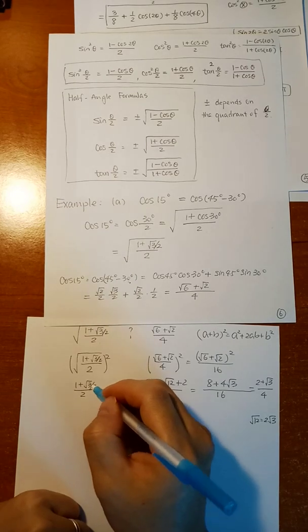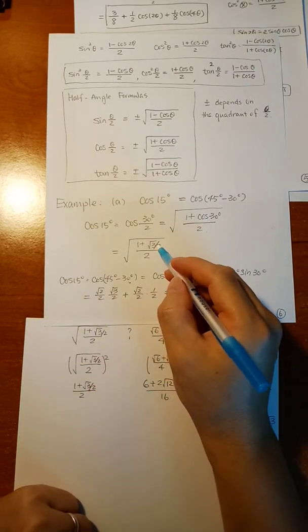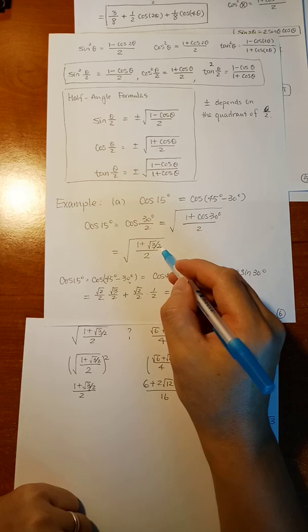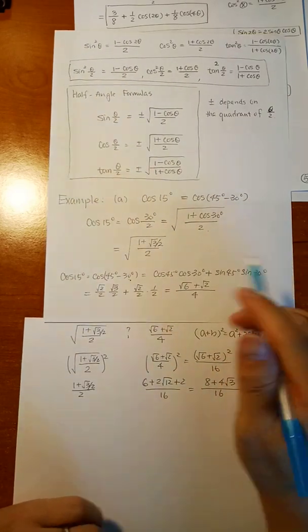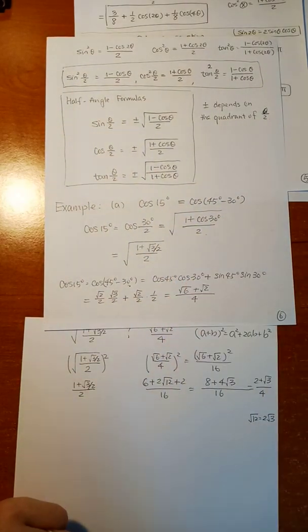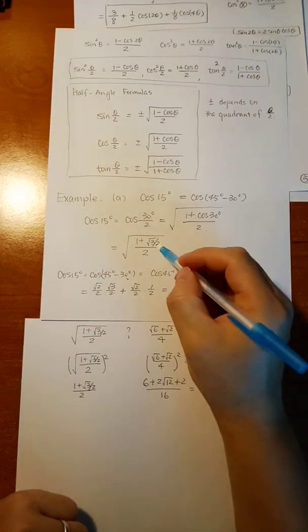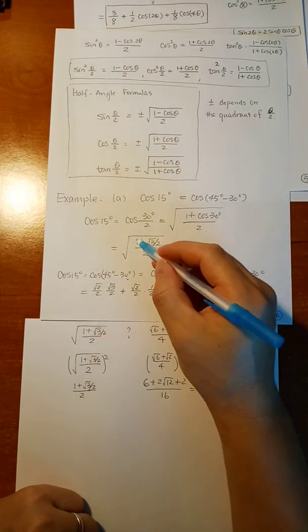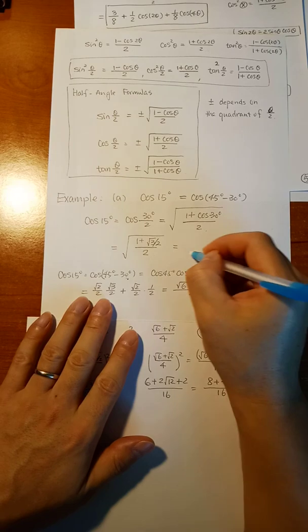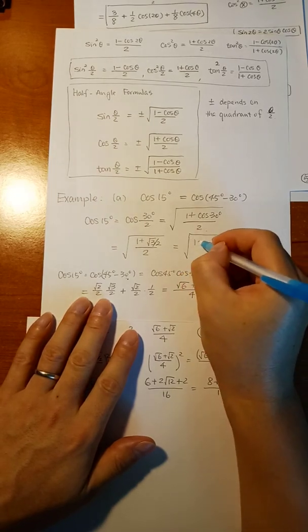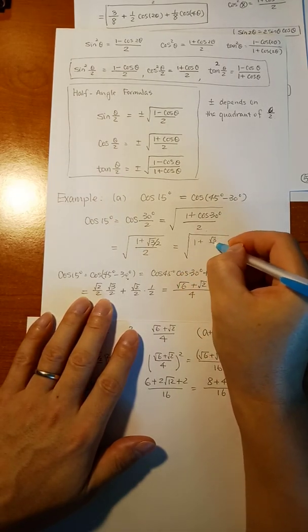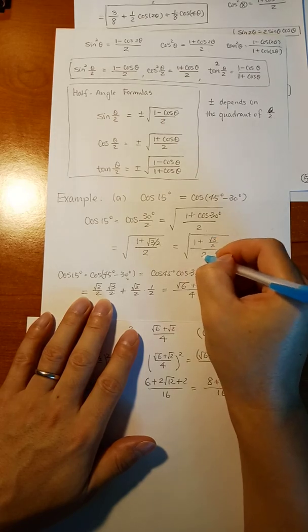Okay, cotangent 30 is the square root of 3. This one is square root of 3 over 2. It's my bad. I don't know how. I just considered this as cosine 30 degrees. My bad. Okay, so this place is 1 plus, let me rewrite it. 1 plus square root of 3 over 2, and then the whole thing over 2.